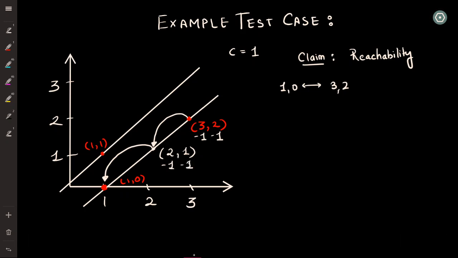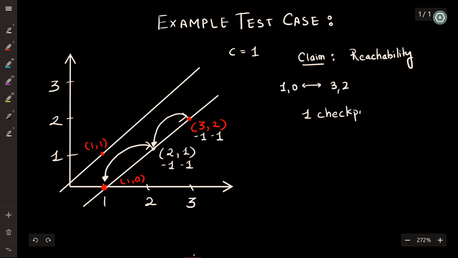So we know that points (3, 2) and (1, 0) are reachable to one another. Or I can push (1, 0) to (3, 2) by adding plus 1 and plus 1, applying this move 2 times. So my claim is that for all points that are reachable to each other, I have to use only one checkpoint.